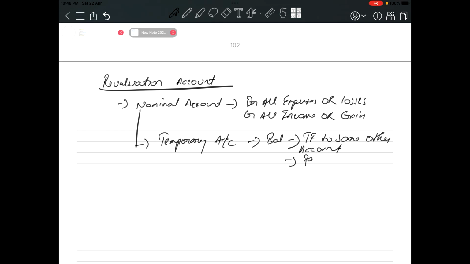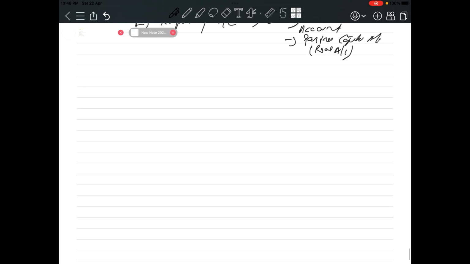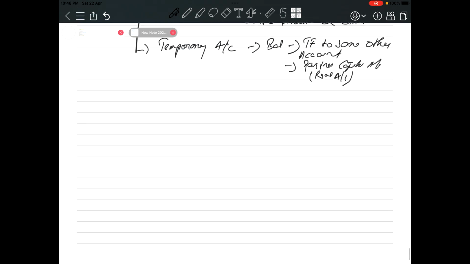That will be called partners capital account. Whatever profit or loss you have on revaluation will be transferred to partners capital account. Partners capital account is a real account, we know that, right? So the balance of nominal account will be transferred to partners capital account.